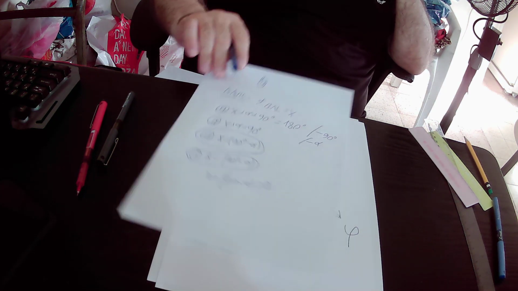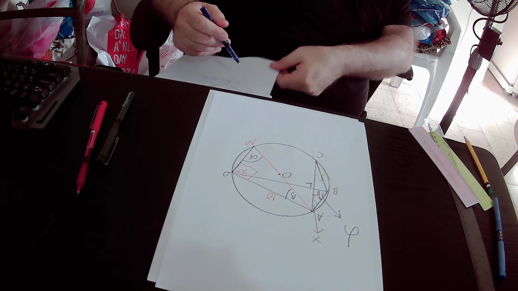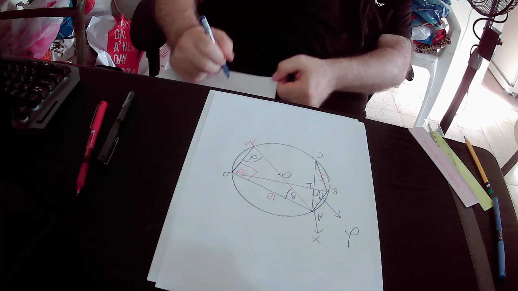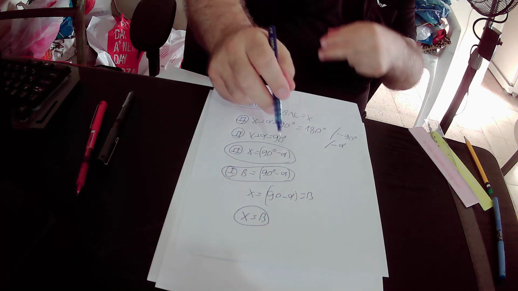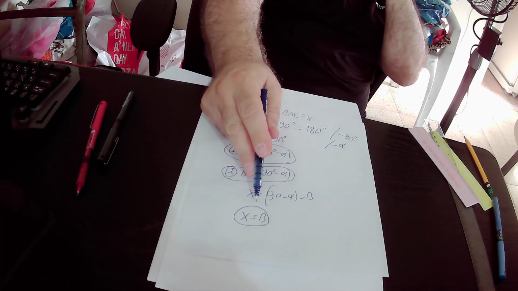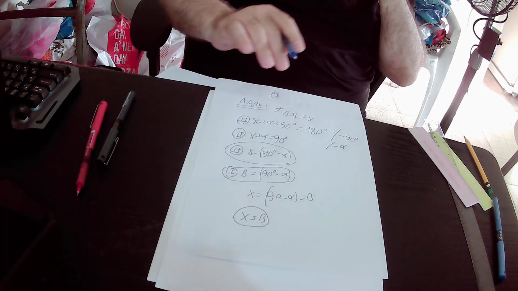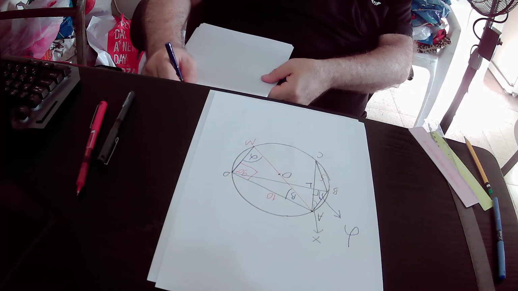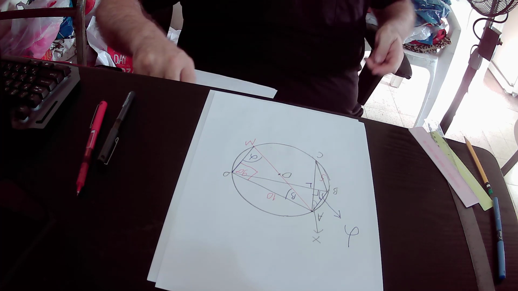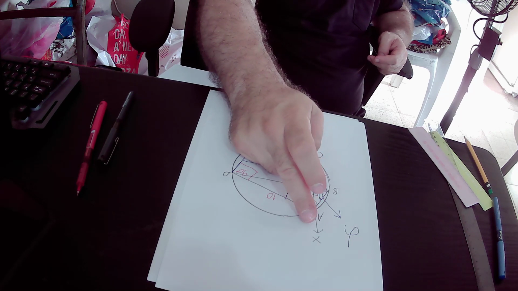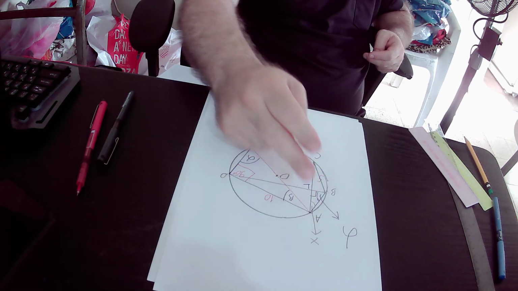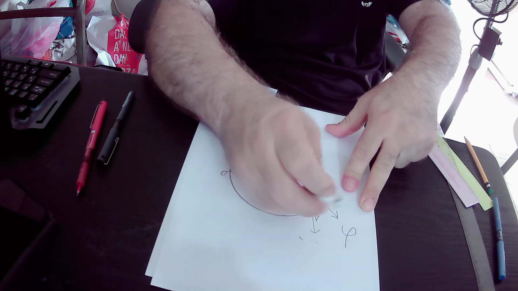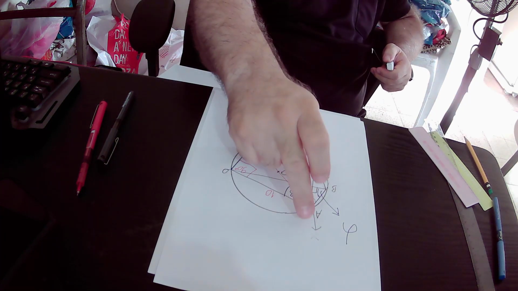So I write it down: x equals beta. Actually, we can substitute x by beta because x equals beta.